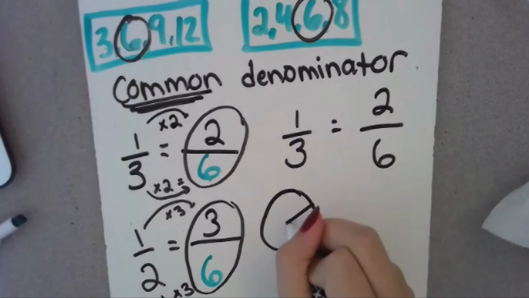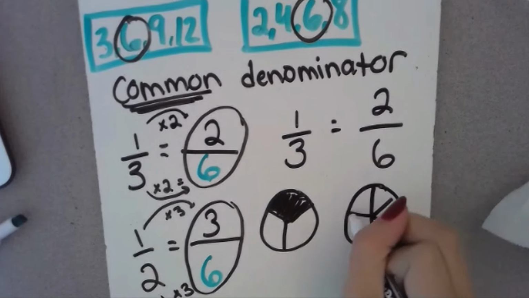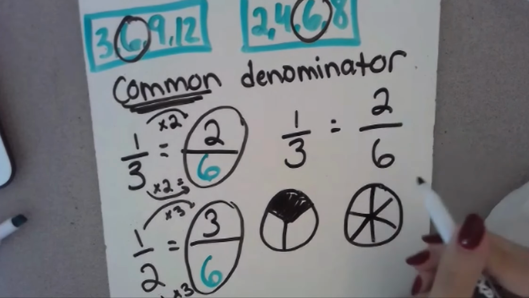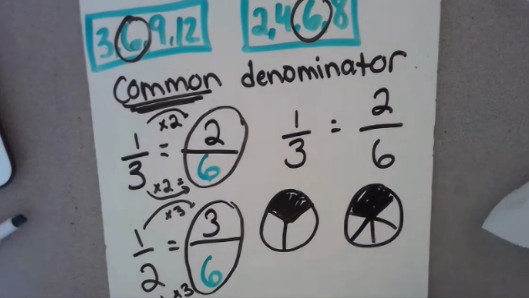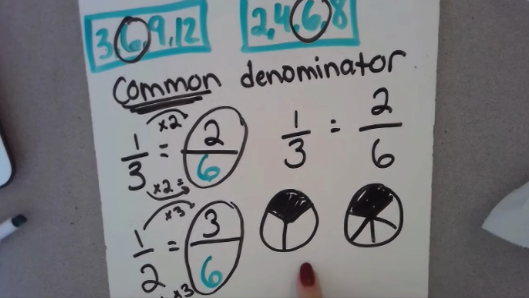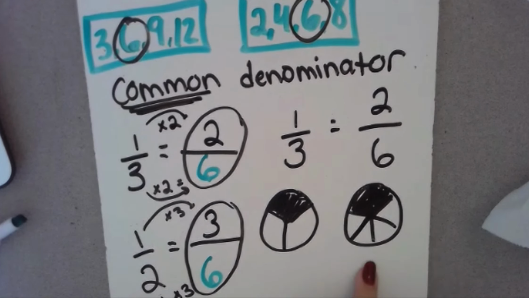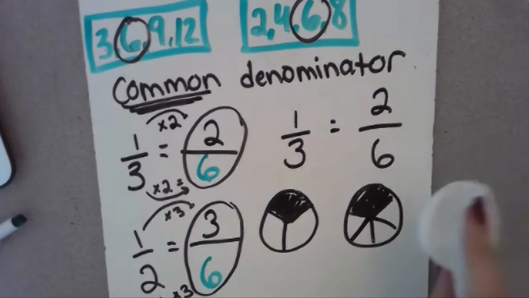I'm going to break it up into sixths. I need 2 of them. My question for you is, did I shade the same amount of each circle? Are these circles equivalent? Did I shade the same amount in each circle? Yes. Excellent. Thank you. All right. So that means that they are equivalent.